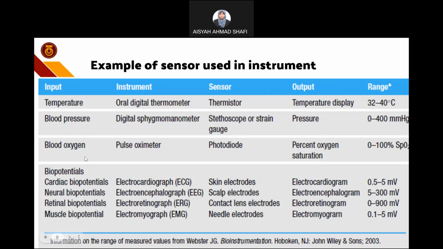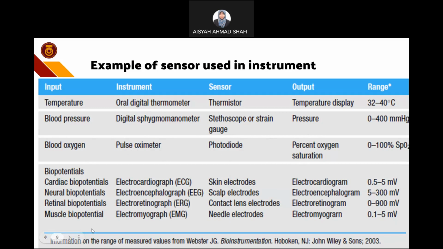And to measure the blood oxygen, we can use the pulse oximeter. The sensor in the pulse oximeter is a photodiode, and it represents the percent of oxygen saturation in SpO2.